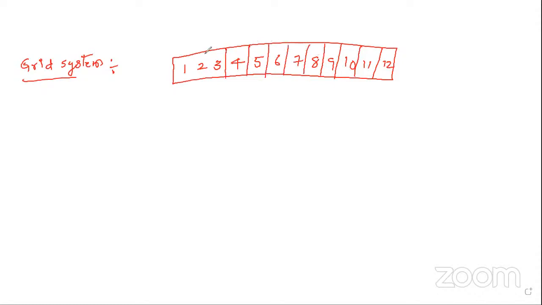This is what I already explained. If you are familiar with this grid system, it is dead easy for you to create a web page. If you consider this whole area as a row, then each one of these, 1 to 12, are columns.